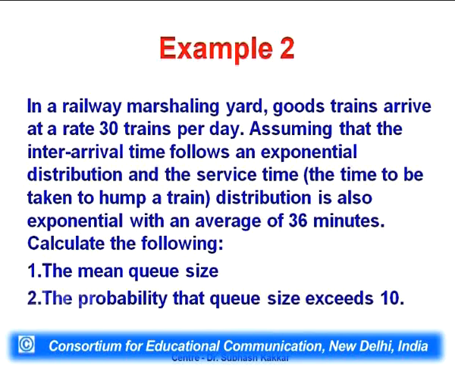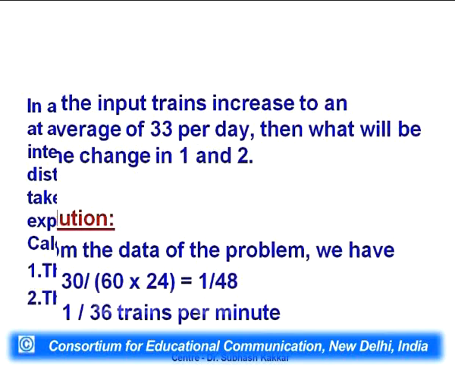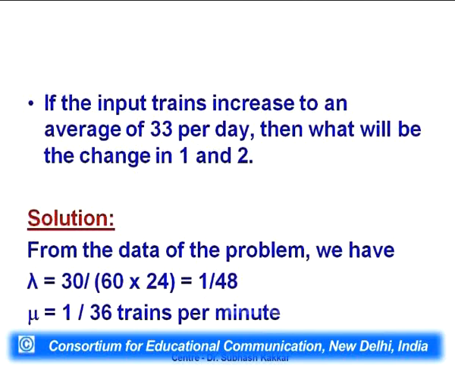So, with 36 minutes, we have calculated the mu value 1 by 36 trains per minute, and similarly lambda is also 1 by 48 per minute. Trains are coming at the rate of 1 by 48 per minute. These two values are very important, the value of lambda and the value of mu. In this particular example, we have calculated lambda as 1 by 48 and mu as 1 by 36.